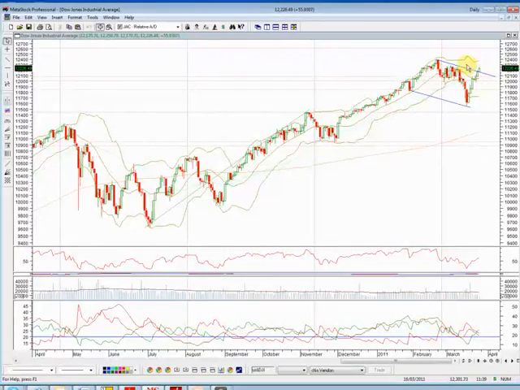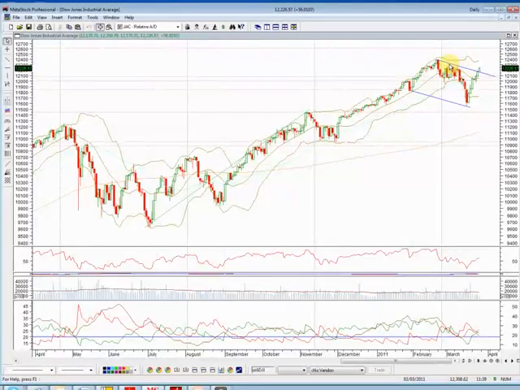Well, the Dow Jones Industrials is also breaking above that downward trend line, and we are now moving towards the former high at 12,390, 300 something. So that's the next goal.